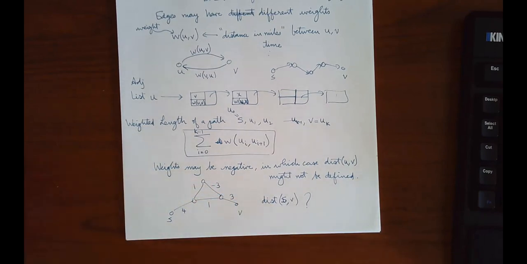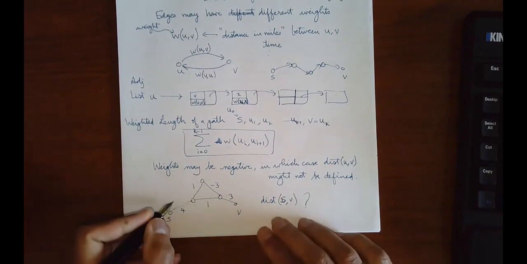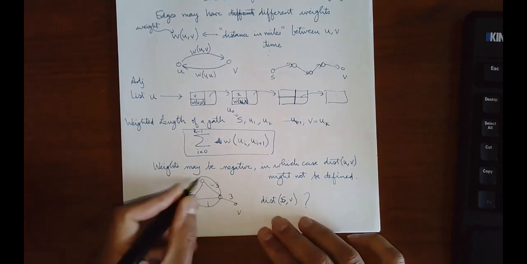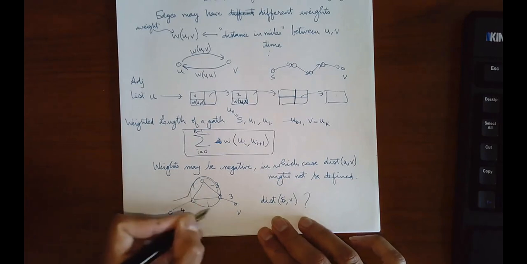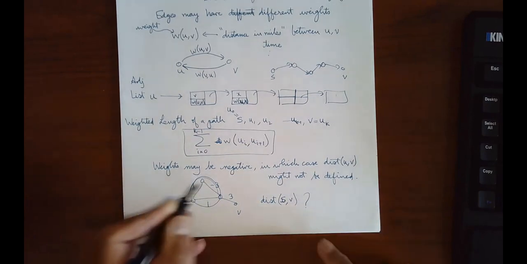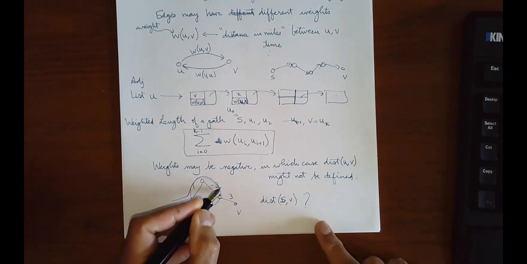I claim you can even do better than 5. It's a bit of a trick question, though. You can run around in a circle and get many -1s in the circle. You can get to like -infinity by running around in a loop. Exactly, right? You could go here and just keep cycling around this, because every time you cycle around this, your distance decreases by 1. You keep cycling around this and finally go there.